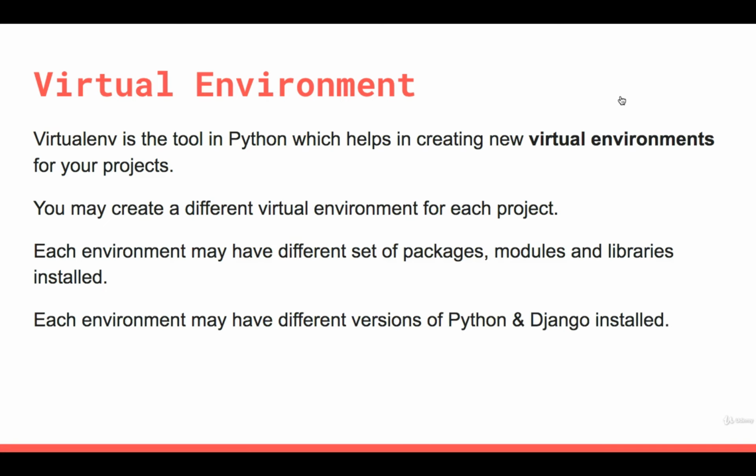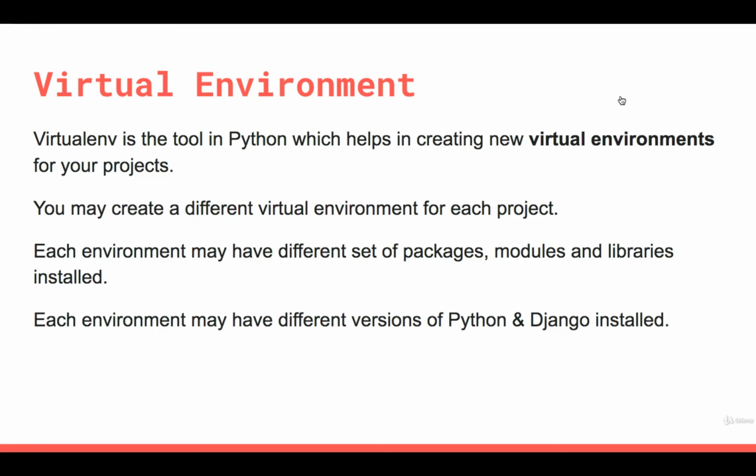You can also create a virtual environment and have different versions of Python and Django installed. So let's say you want to build a Django project, and for that particular project, for some reason you want to use Python 2 and Django 1.11. It does not make much sense to use those versions, but let's say for some reason you want to.